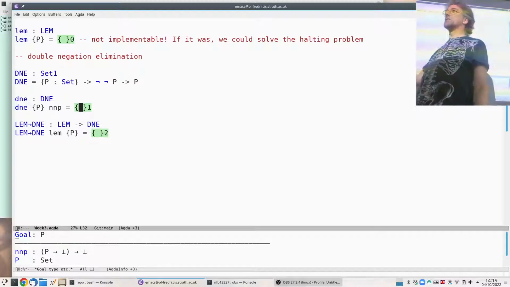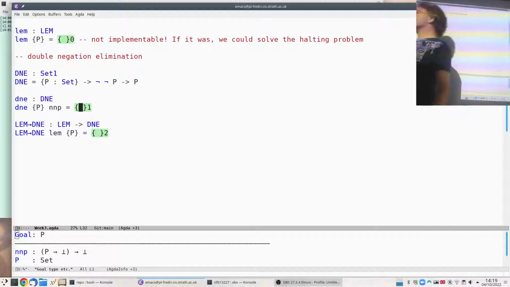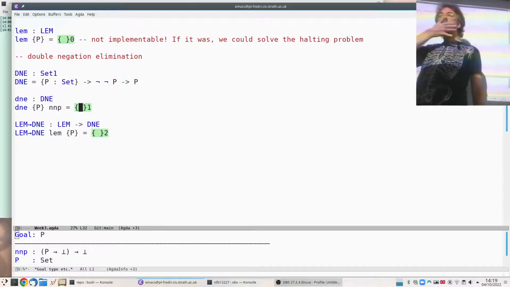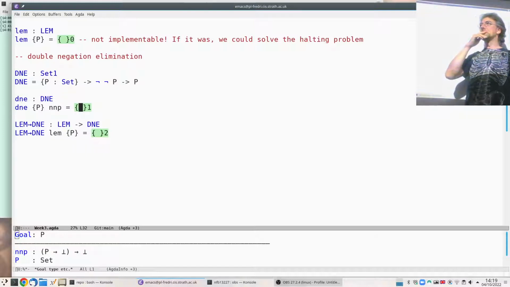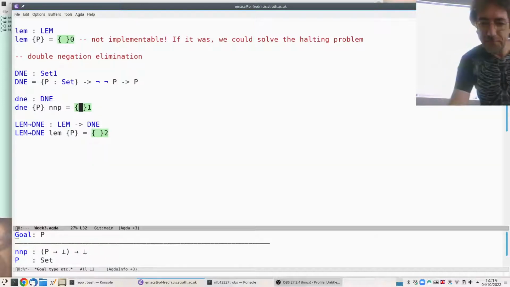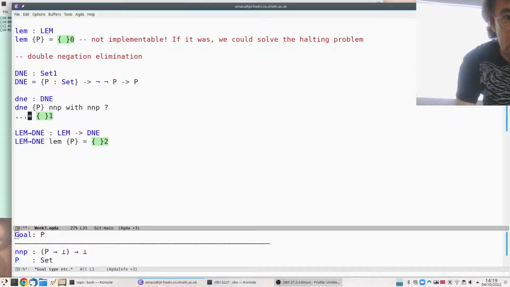And I've got nothing that I can plug in this hole that actually delivers a P. So my only chance really is to prove that this can't be happening to me. So I could try with NNP question mark. If I could figure out some input to feed to NNP, then I'd get a proof of false. So I'd be laughing.